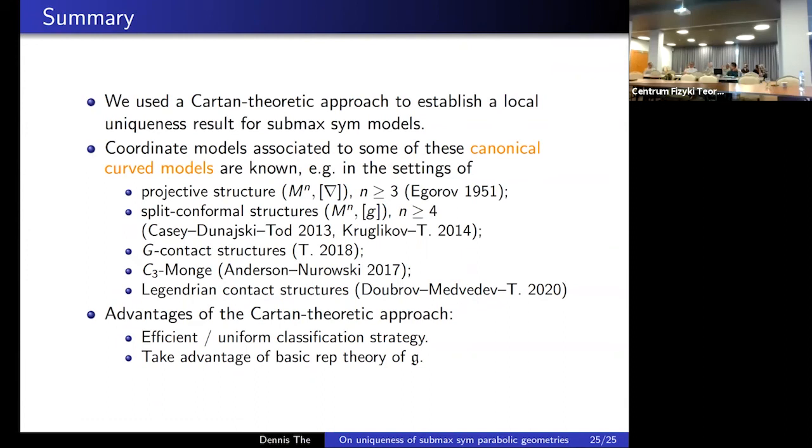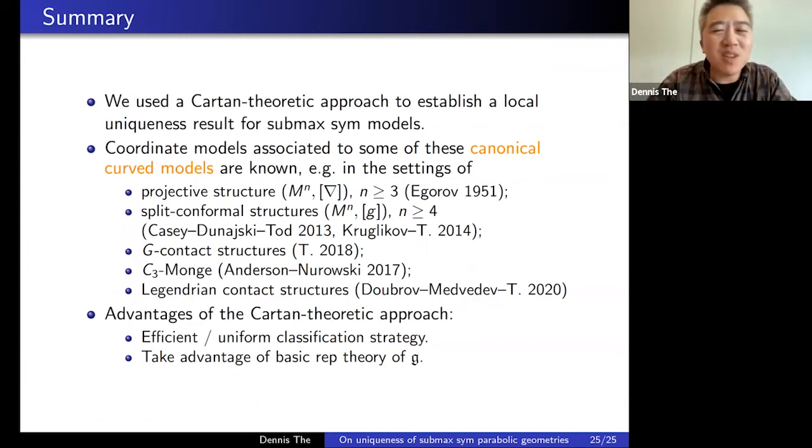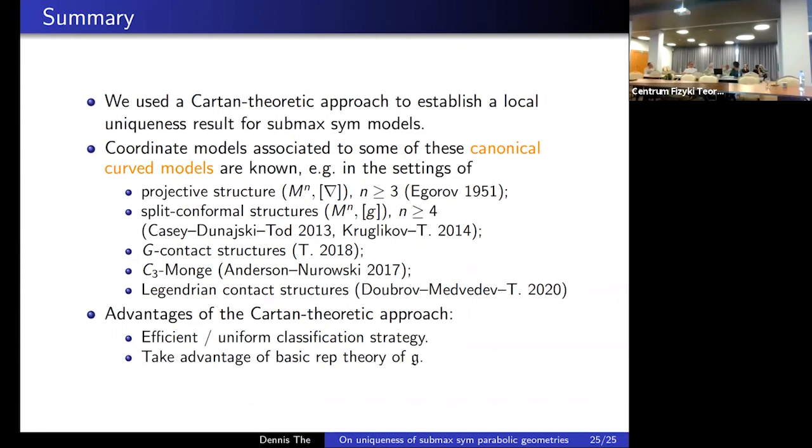In the CR case, three-dimensional CR is basically very similar. Then you have both, because you have SO(1,2) and SO3. The maximal is SU(1,2). And the submaximal, there are plenty of submaximals.